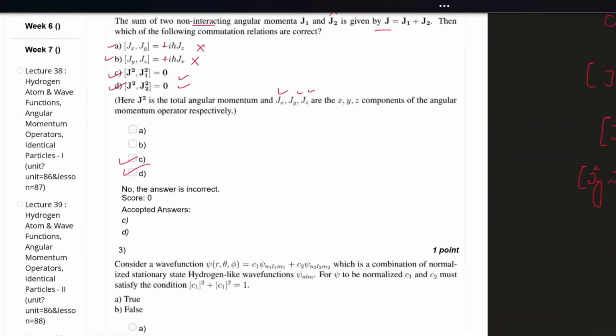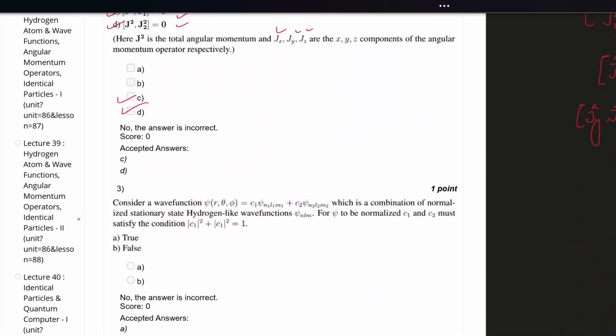Okay. Now question number 3 is: consider a wave function psi of r, theta, phi, which is c1 psi n1 l1 m1 plus c2 times psi n2 l2 m2. These quantum numbers are given to identify the state, and this is a combination of normalized stationary state hydrogen-like wave functions psi n l m.